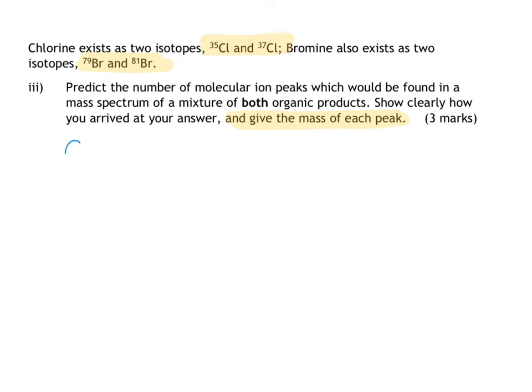So we had an empirical formula which was C6H10ClBr, but the question also says both organic products. So I'm also going to be looking at how many possibilities I can have with C6H10Br2. So the C6H10 bit is going to weigh the same all the time. So a simple thing I can do to make working out my molecular masses is I can just work out the C6H10 part separately.